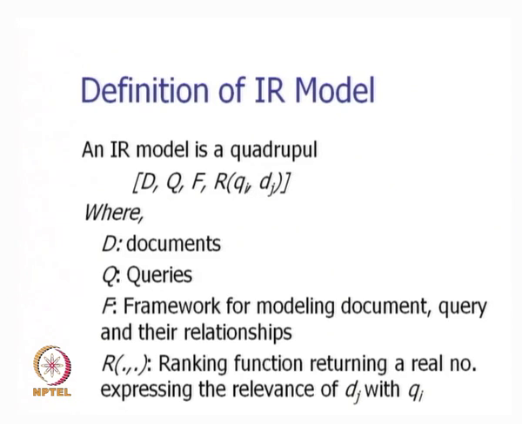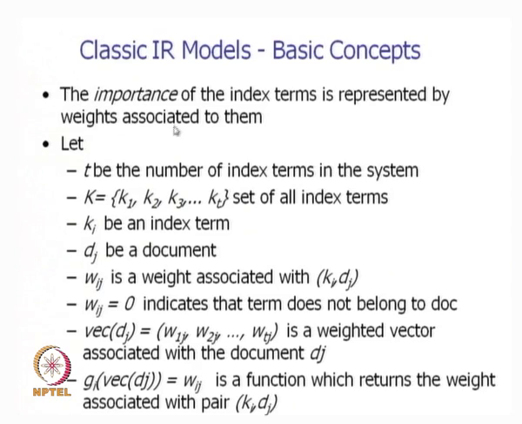So, this was discussed before, and we also then talked about how the importance of the index terms is represented by weights associated with them. Suppose T is the number of index terms in the system, which comes from the vocabulary of the corpus being searched.